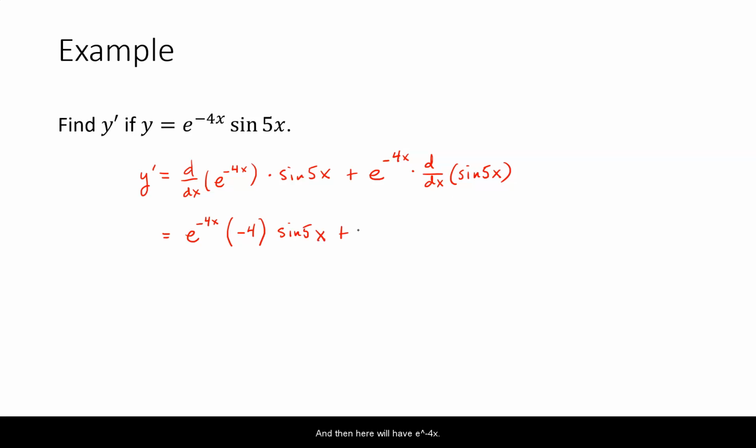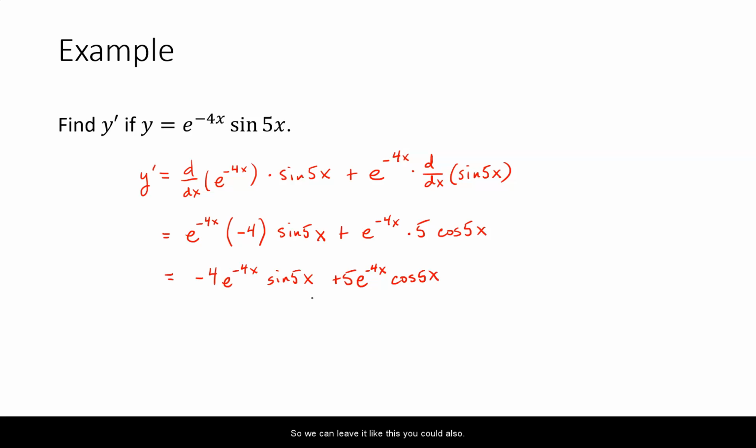And then here we'll have e to the negative 4x times the derivative of sine of 5x, which we know will be 5 cosine of 5x. And so here let's just rewrite this as negative 4e to the negative 4x sine 5x plus 5e to the negative 4x times cosine 5x.